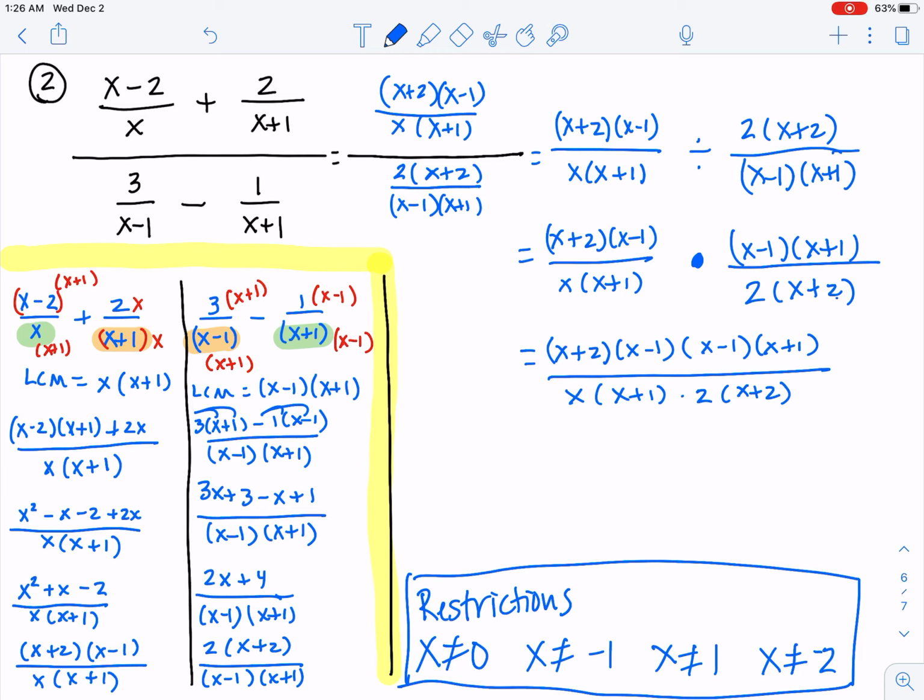We have an x plus 2 on the top and the bottom. We have an x plus 1 on the top and the bottom. Now that looks like it's it. I have x minus 1 times x minus 1 on the numerator. That's x minus 1 quantity squared. On the denominator, I have x times 2, which is the same as 2x. And that is simplified. So we simplified our complex fraction.